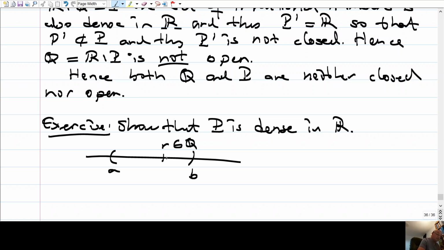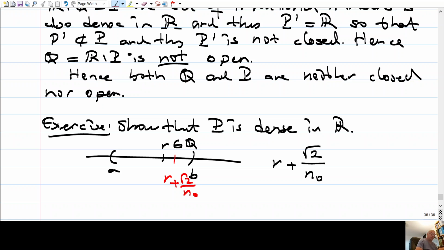Take such a rational number, and to that rational number add square root of 2 divided by some big natural number n0, so that r plus square root of 2 over n0 still lies inside this interval.